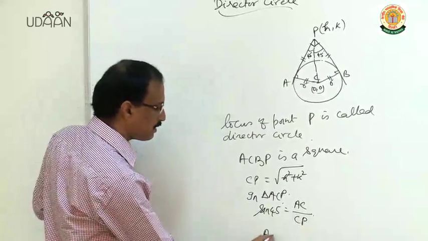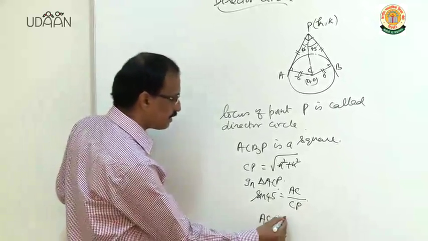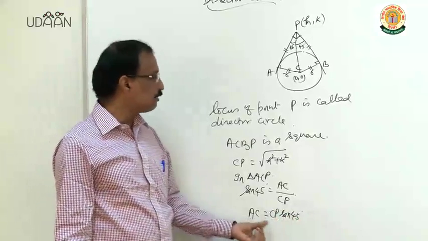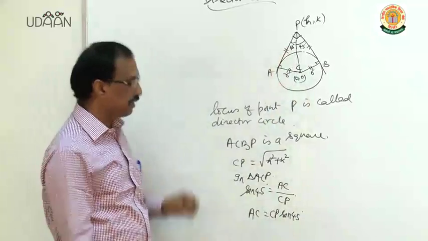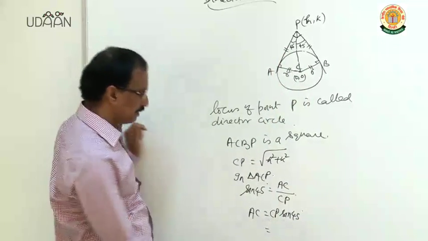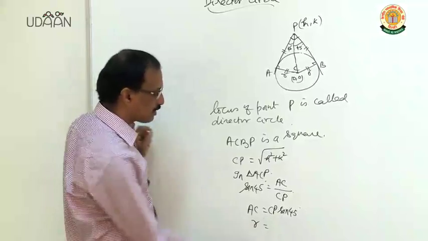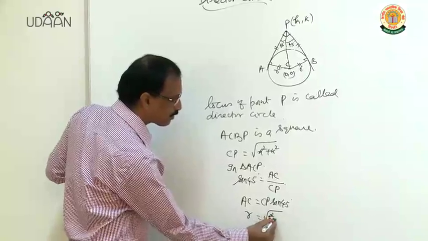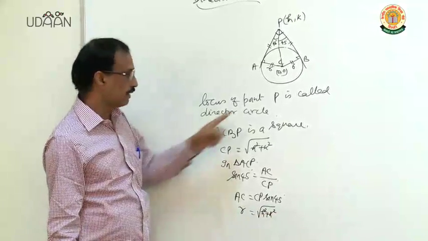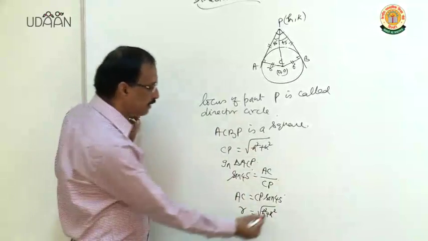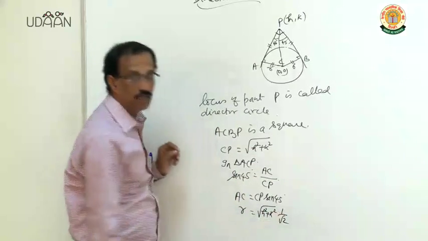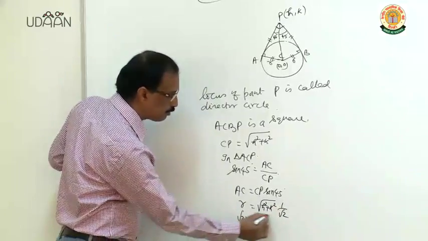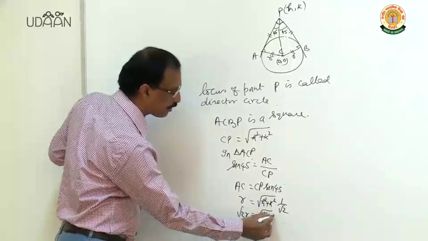So AC equals CP sin 45, that is, AC, which is r, equals CP sin 45. CP is root of h square plus k square, already we got it. Sin 45 is 1 by root 2. So we get root 2 r equals root of h square plus k square.